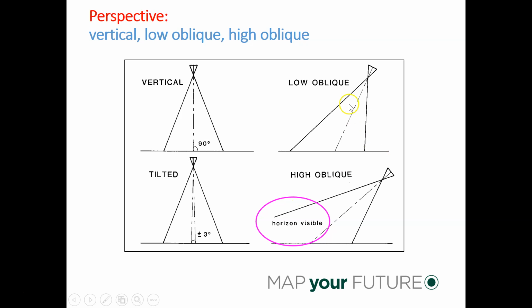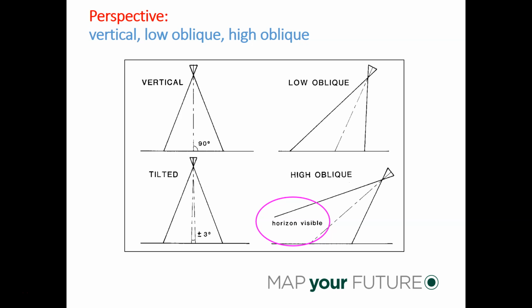Then we also have oblique photographs. They are sometimes done on purpose because we want to see a perspective view rather than a top-down view. Oblique photographs are essentially photographs that are taken at a certain angle of a landscape. Now, this is not the same as tilted, because tilted is something we get, we don't really want to have.